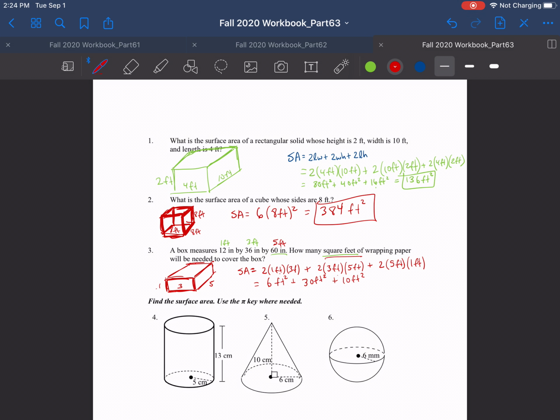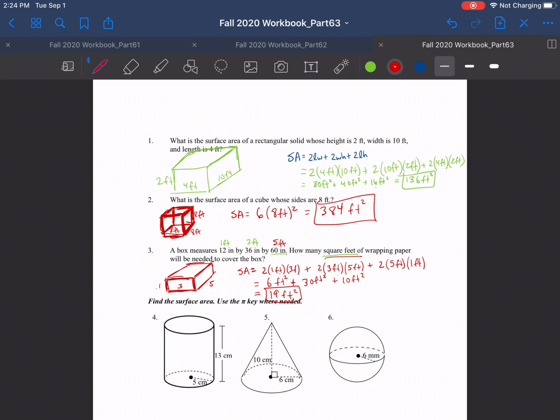So now each one of these terms is foot squared, so we can add those all up and just carry the foot squared along, because we're not multiplying them together, we're adding them. We don't make them feet to the 6th or anything like that. So we just need 6 plus 30 plus 10. So that's going to be 46 square feet, or 46 feet squared.